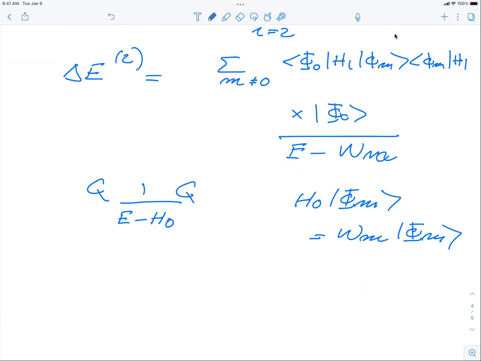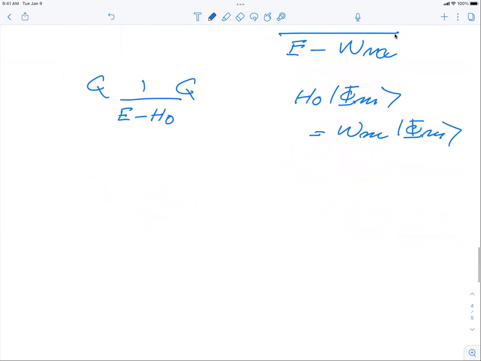Now, for the sake of completeness, I'm just going to list the contribution to third order. So we have a delta E3, which now is going to have a sum over these many-body states m and n, and they're both different from 0.